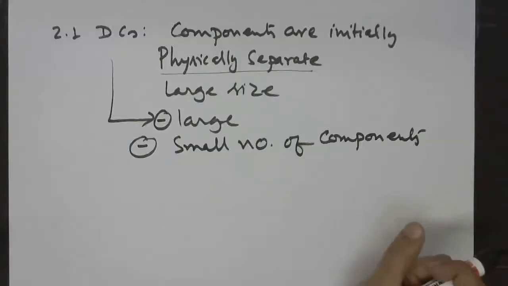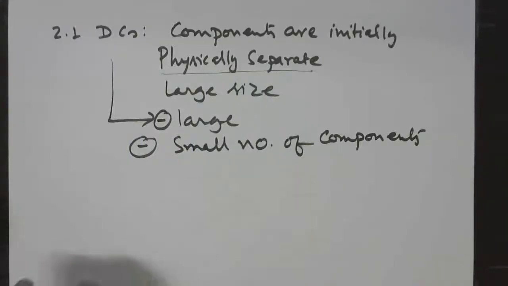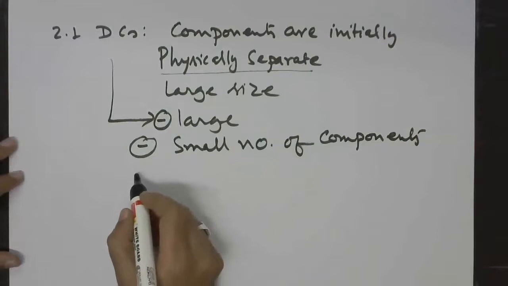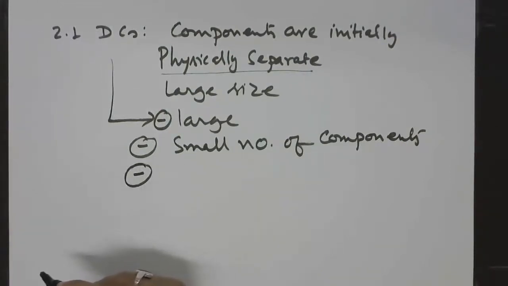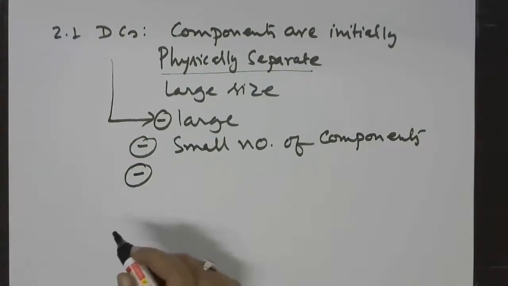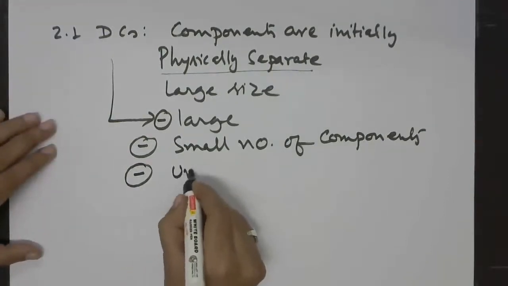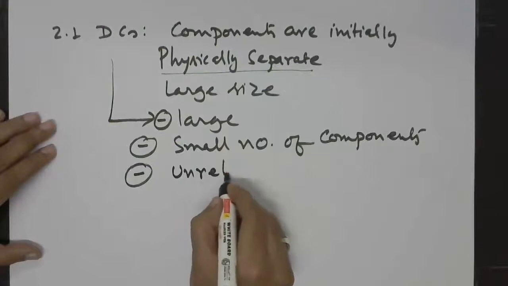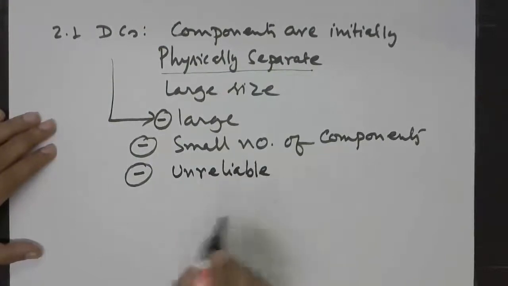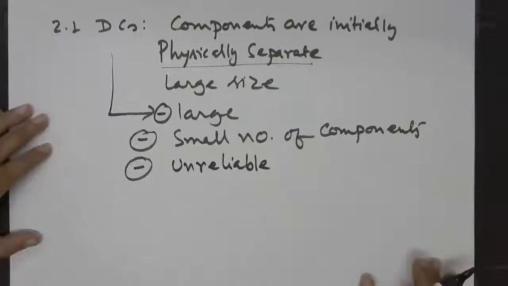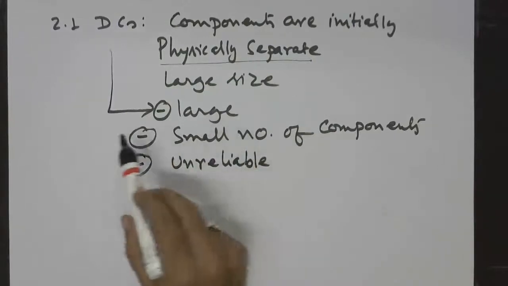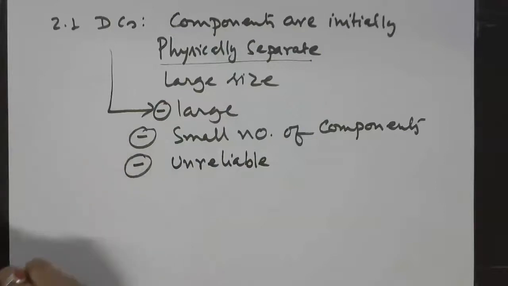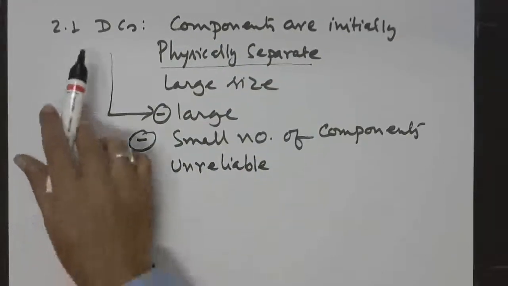And because they are connected manually with wires, they are very vulnerable. They usually break down easily, so they are unreliable. These are the disadvantages of this circuit, but of course these are easier to fabricate, and initially all the circuits were of this type.